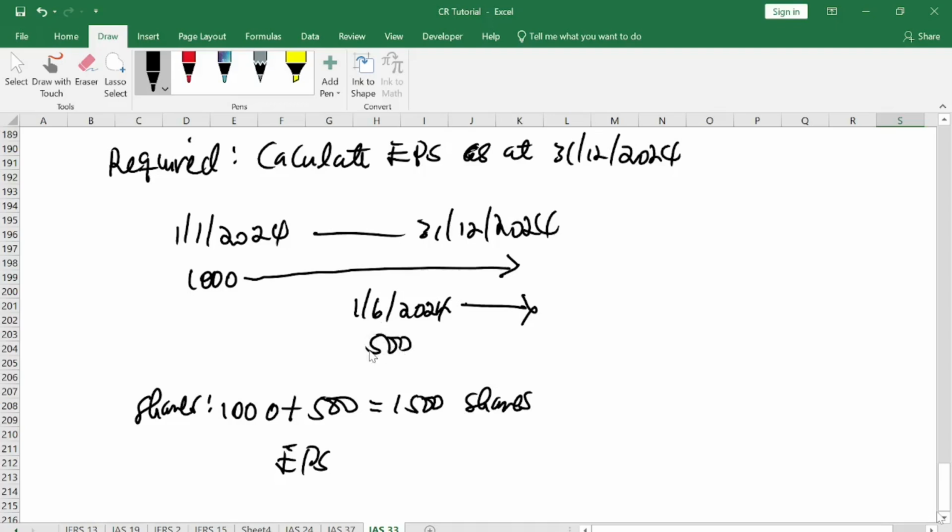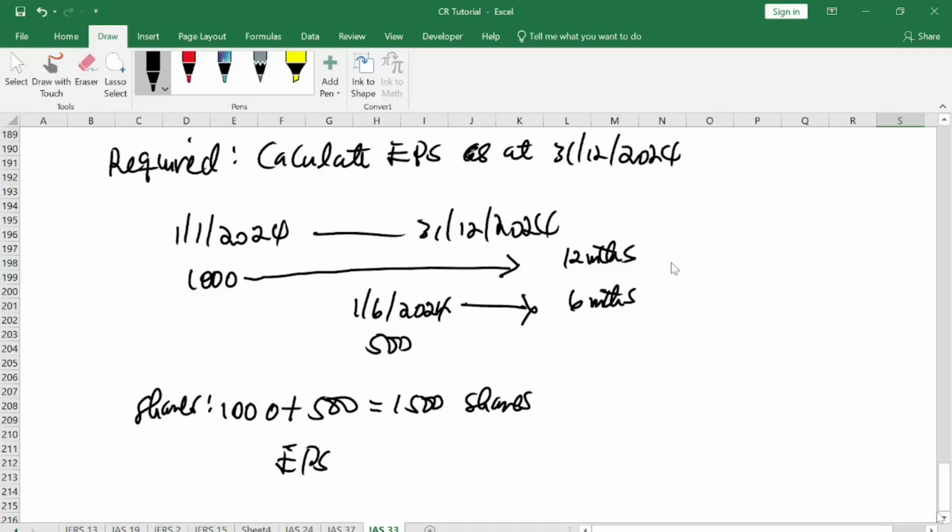Those shares shouldn't be valued the same as shares from 1st January to 31st December. The share that traveled 12 months and the new share issued in June that traveled only 6 months are not the same. The one that traveled 12 months is more valuable.